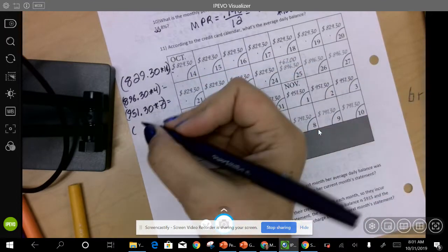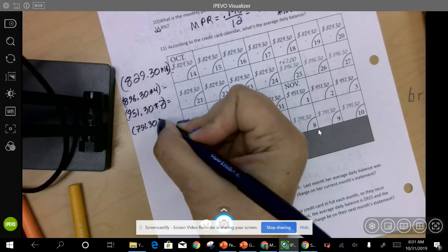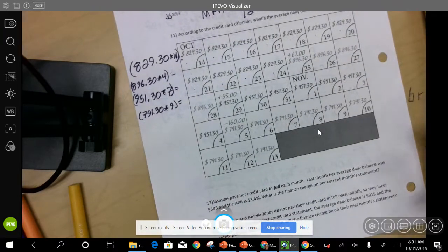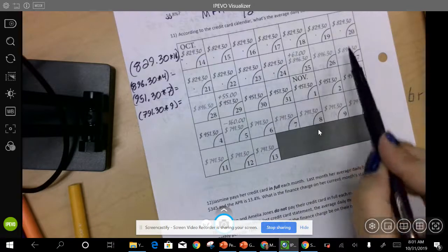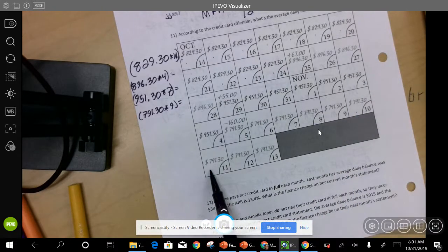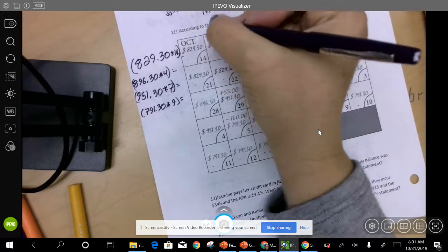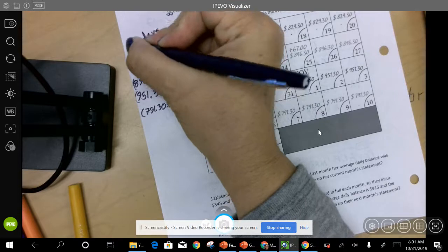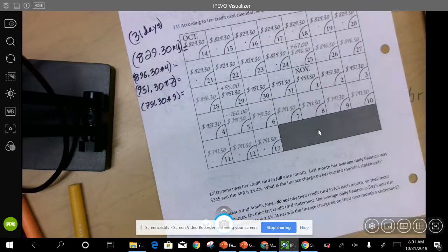Okay, so we made a payment. Remember, we're going to do all those. And then there is 28, 29, 30, 31. So it's 31 days. Okay, so we're going to go ahead and get the average on that one.